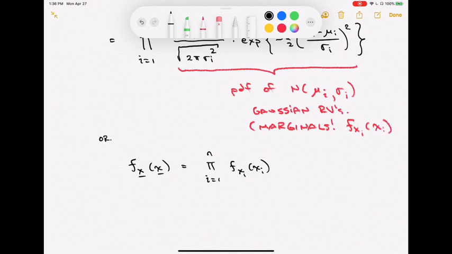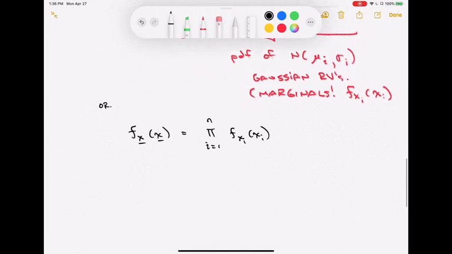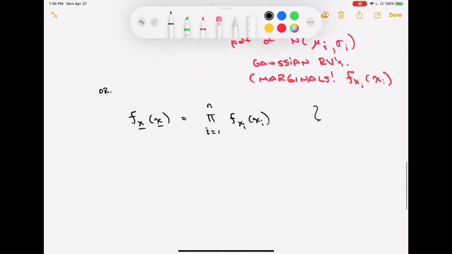So we end up getting that in the case where the covariance of xi, xj equals 0 for all i not equal to j. So as long as the different elements of x were uncorrelated, then we know that the joint distribution is a product of the marginals. And whenever we have that, we know that we get independence.